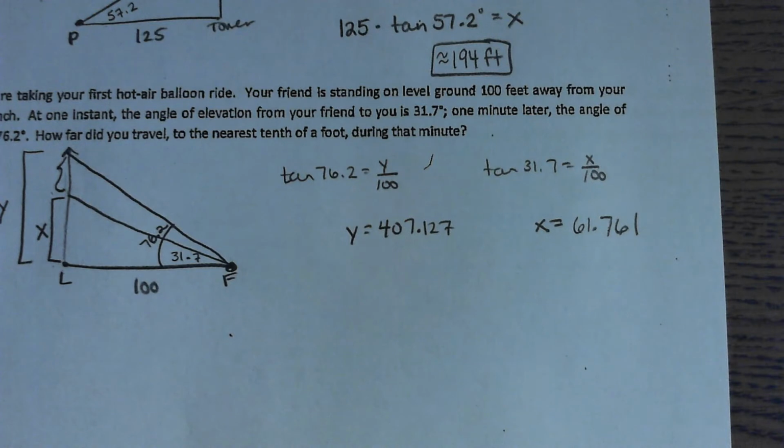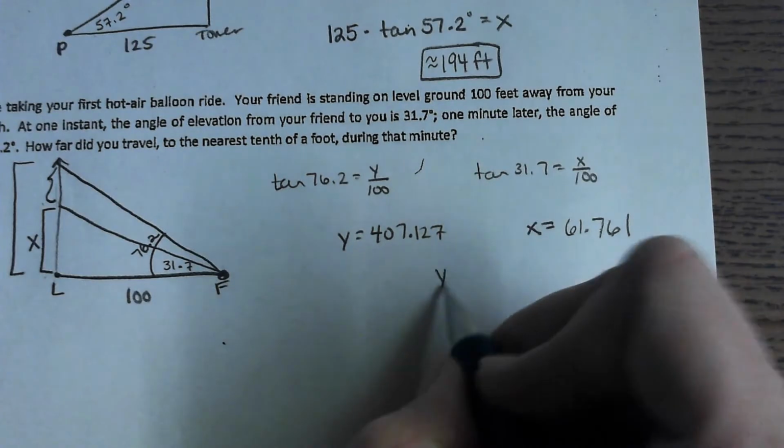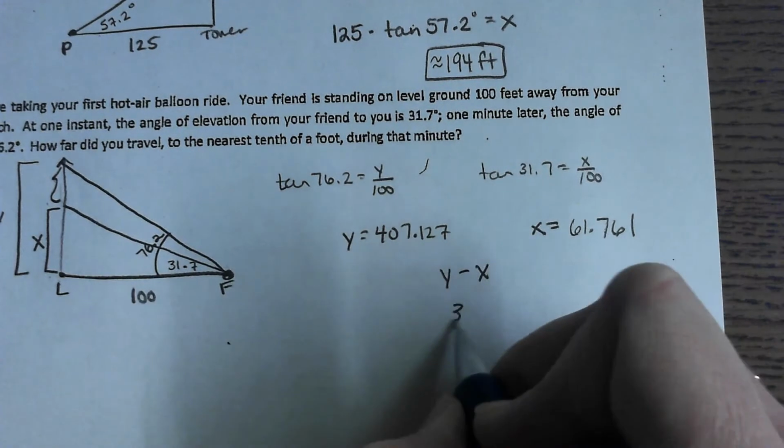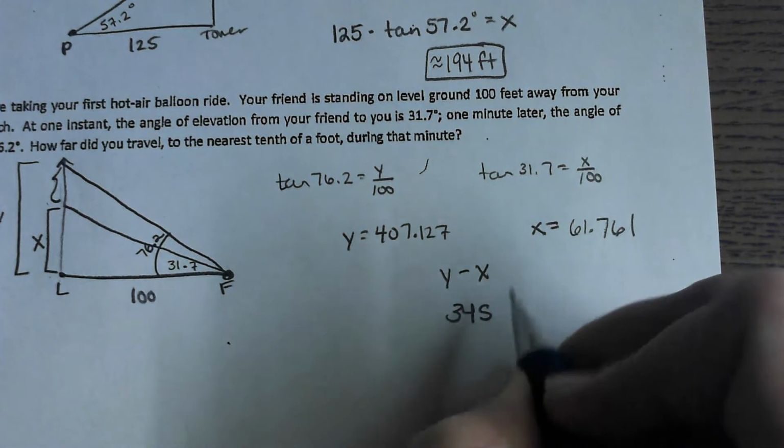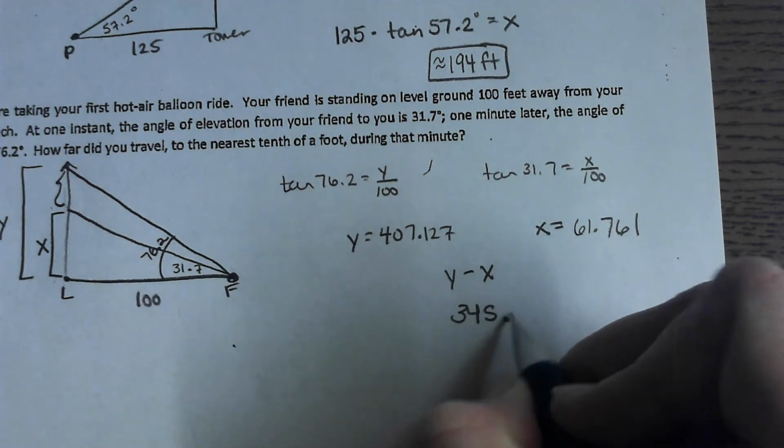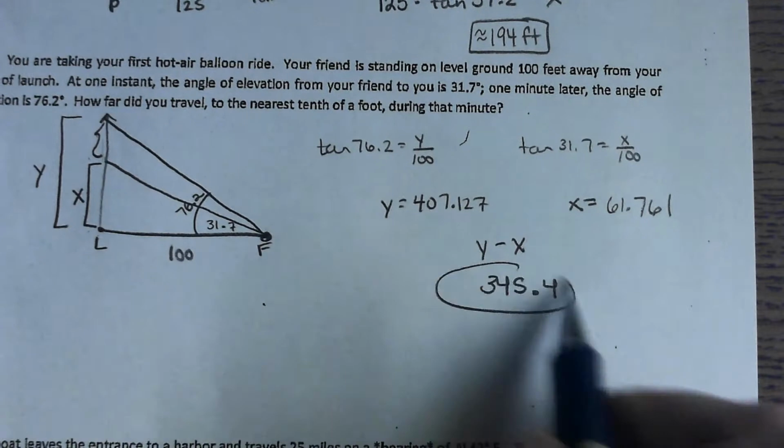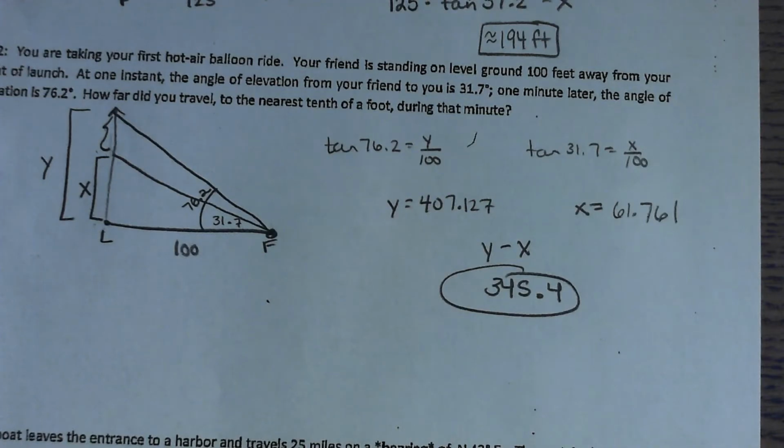And then the difference between them. Here's 1/10 of a foot. I get 0.4. I think it seems like a lot because I didn't draw my graph to scale, right?